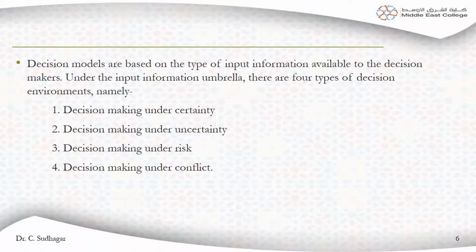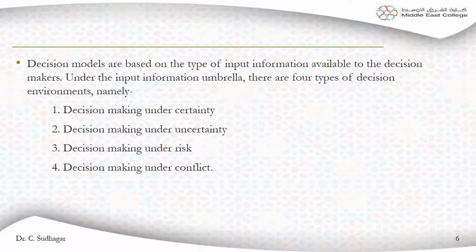Decision making under risk. Decision making under risk means the business itself is a very new idea. It is not something like the coffee shop or a gold shop, because these two are two different businesses running at two different places.